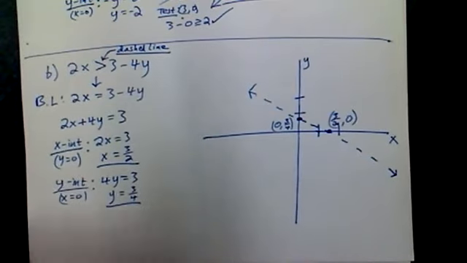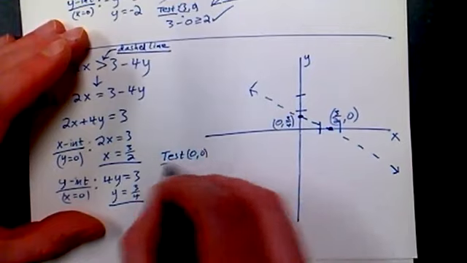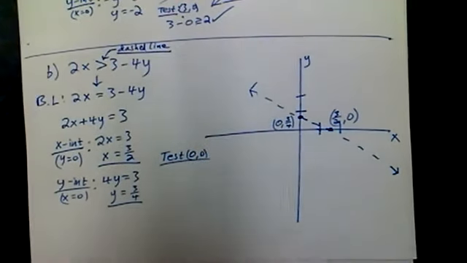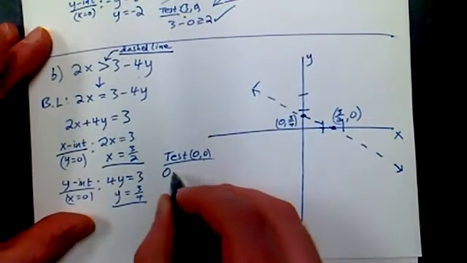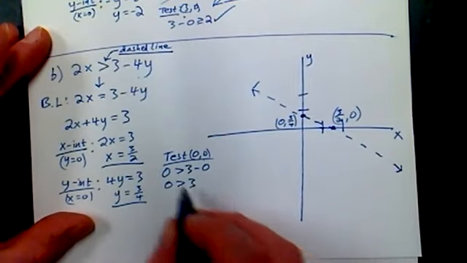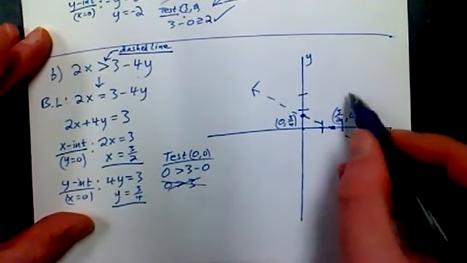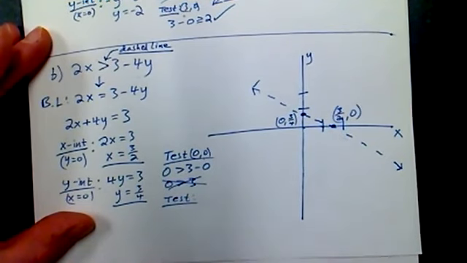Pick a test point. Like I said, I like to pick the easiest point of (0, 0) whenever possible. Plug it into your original inequality. This would say that 0 is greater than 3 minus 0, which once again is nonsense. So I think the solution is going to be up here. Just to make sure, let's pick a test point.